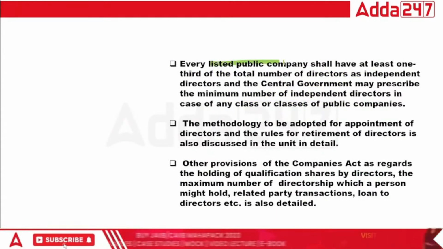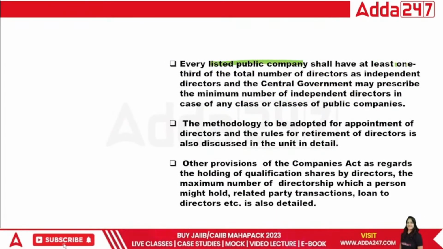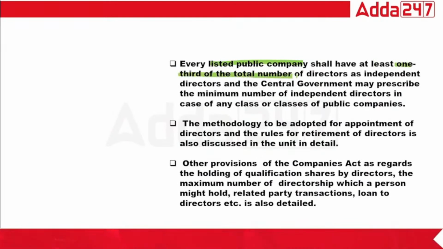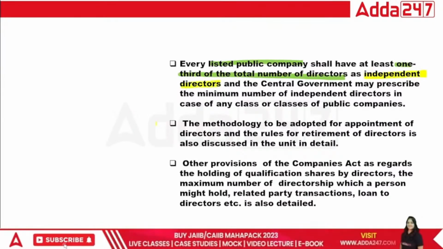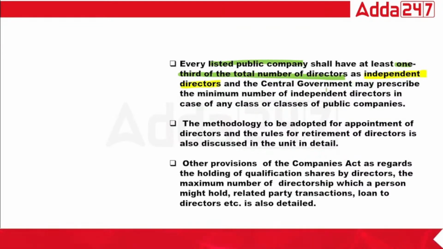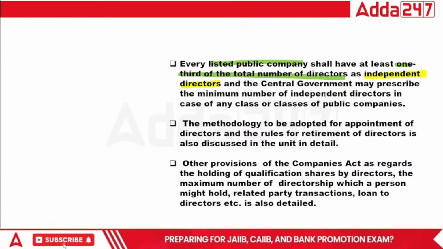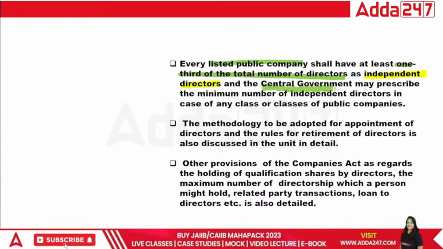Every listed public company shall have at least one-third of the total number of directors as independent directors. The central government may prescribe the minimum number of independent directors in the case of a class of public company. So who will decide? The central government.